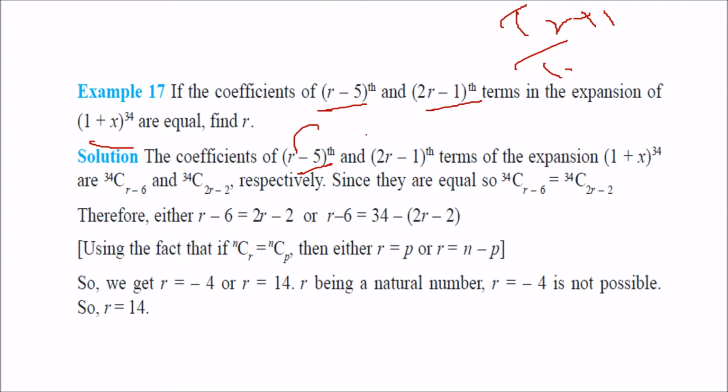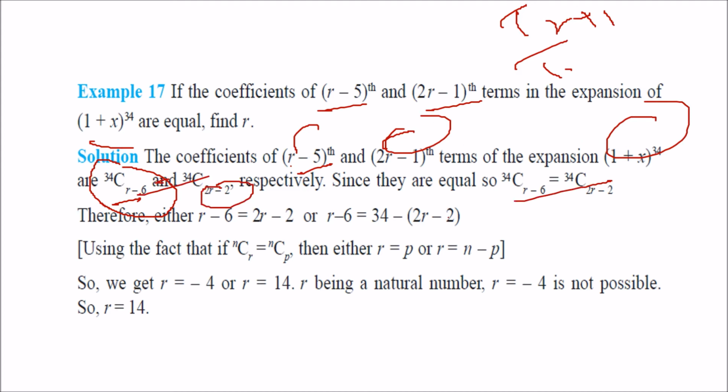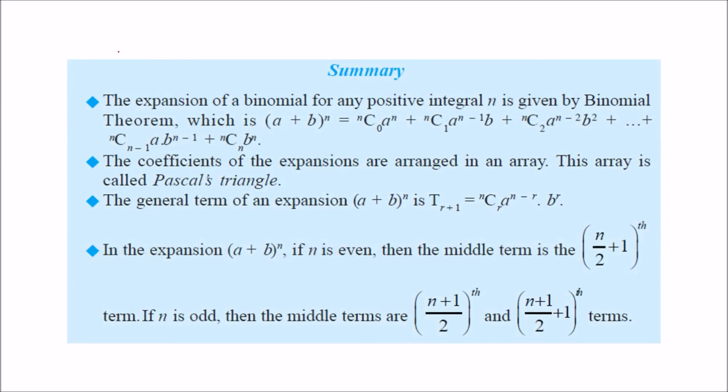So this (r minus 5)th term and (2r minus 1)th term of this expansion are nothing but 34C(r minus 6), this is r minus 5 minus 1, that is r minus 6, and this is going to give you 34C(2r minus r). Just equate them. You will get r, and r has two values, minus 4 and 14. We will not take this. This is not possible. r is only 14. So this is your answer.